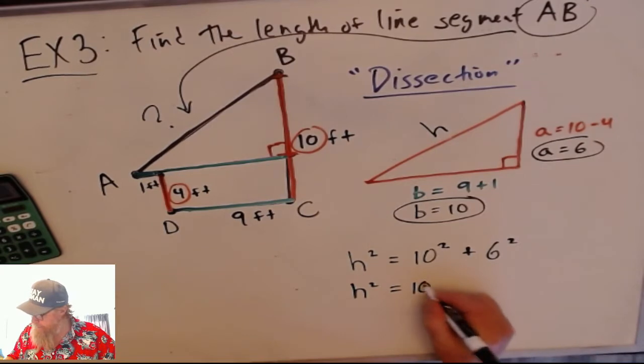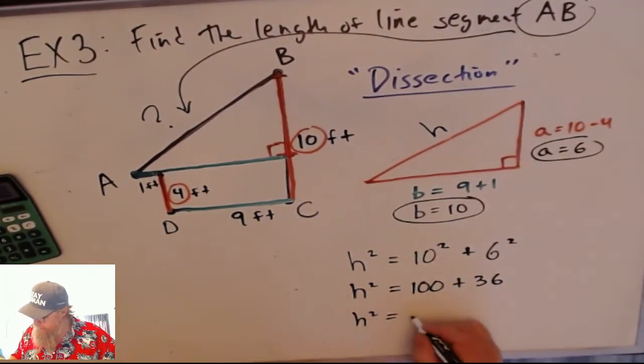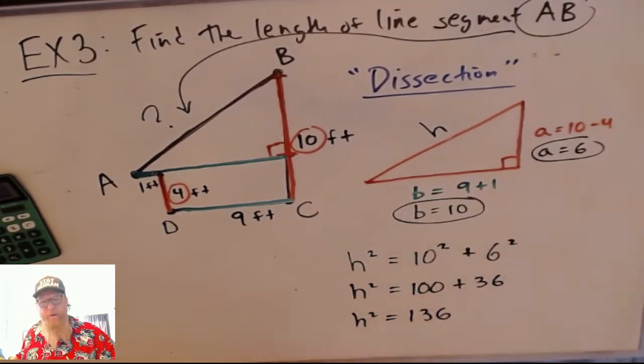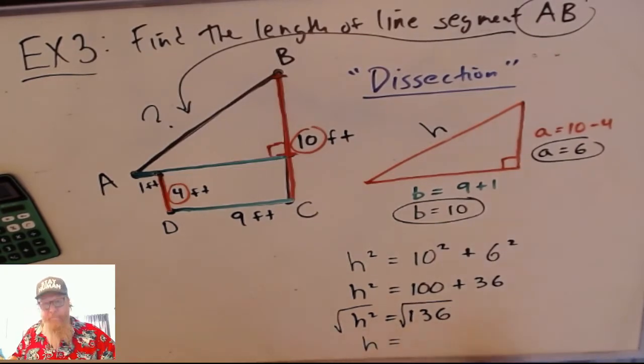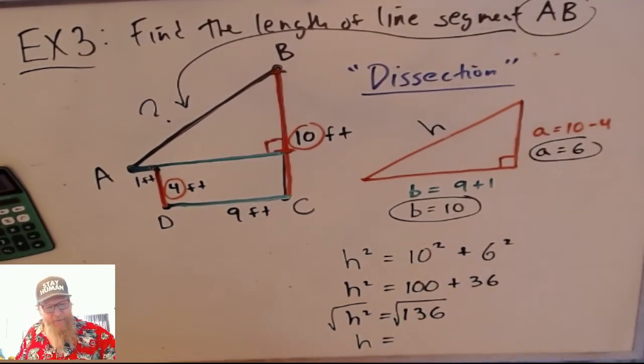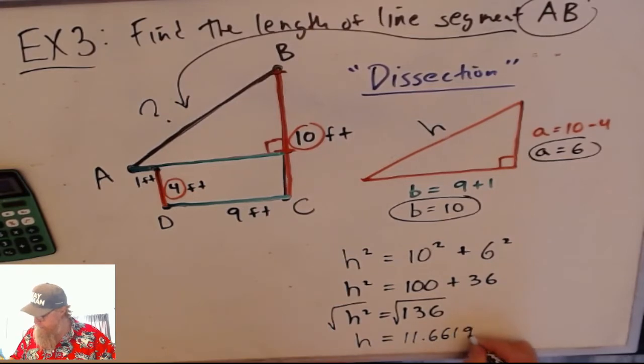These are easy values to calculate in your head. You get 100 plus 36. H is the square root of 136. I can't do the square root of 136 in my head. It's 11.6619.